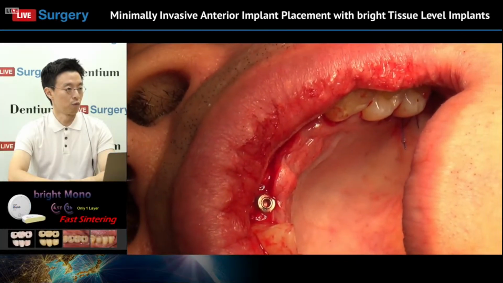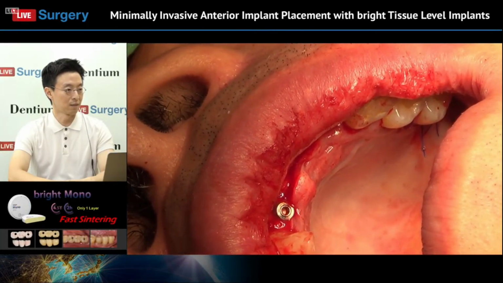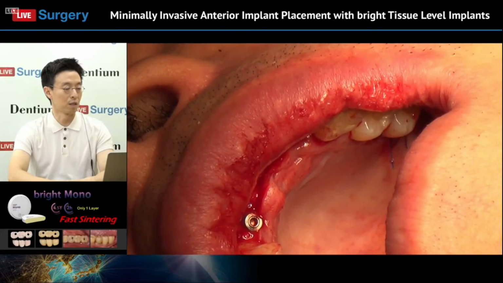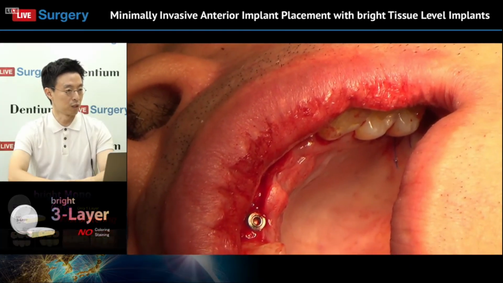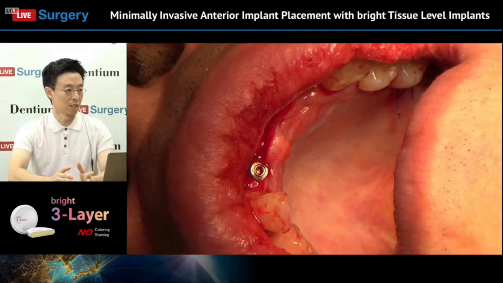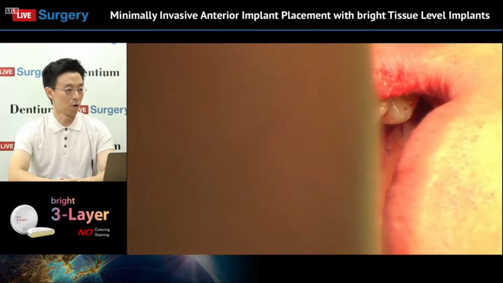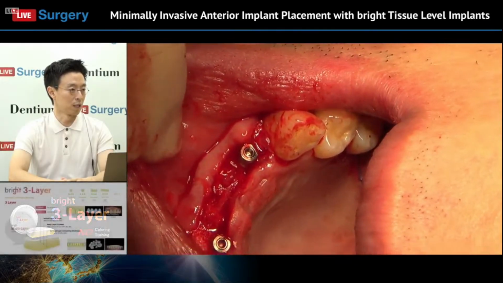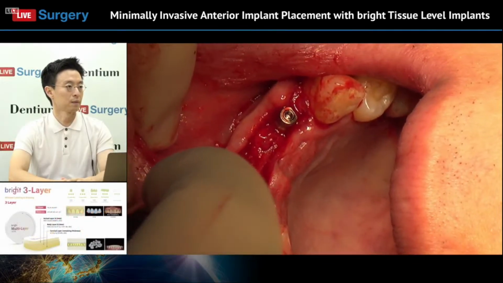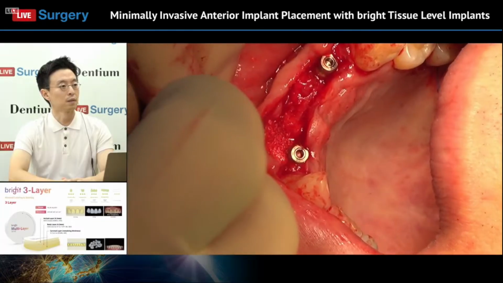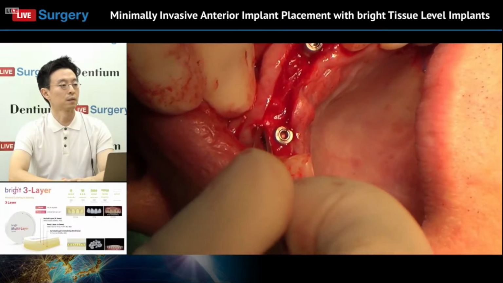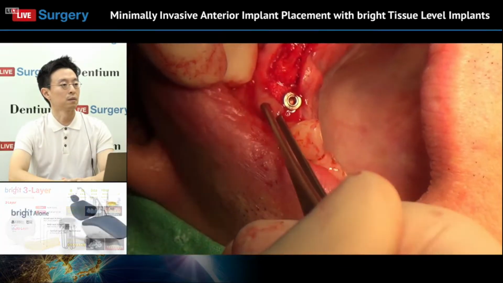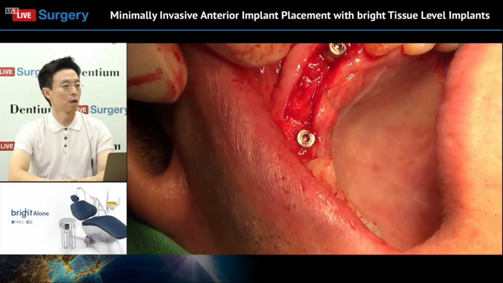However, if you want to enhance the success rate of the bone grafting procedure, in such cases, you can use the collagen membrane to cover the grafted bone additionally. Okay.